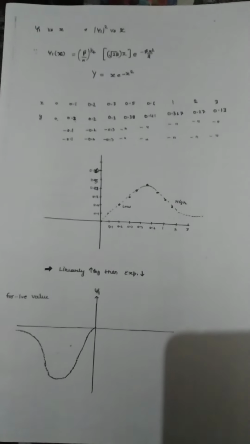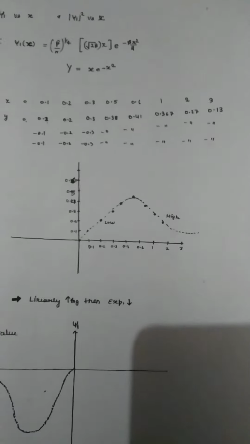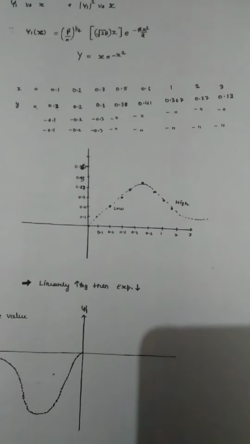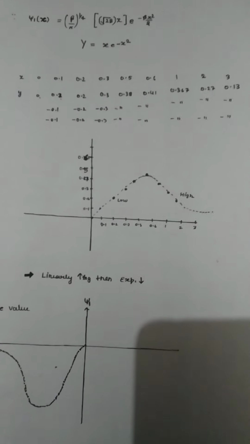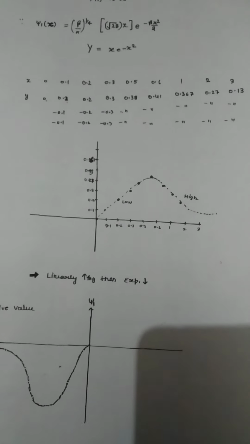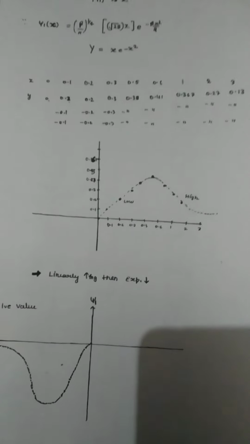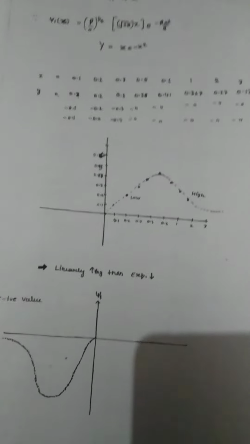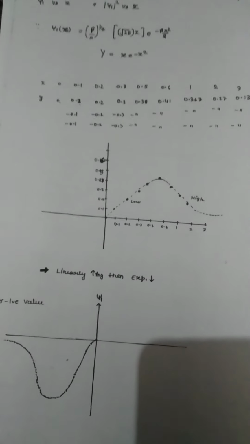Psi 1 versus x, psi 1 square versus x. Psi 1 equals beta upon pi to the power 1 by 4, whose calculation is x e to the minus x square upon 2. After that, there are some points and lines you can understand, and the graph is also coming.